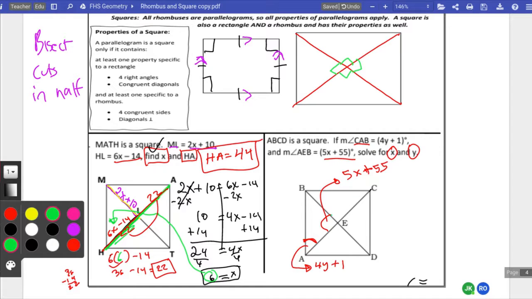So this right here is 90 degrees, but I have that being 5x plus 55. So what I can do is set that equal to 90. Let's solve. Subtract 55, subtract 55. That goes away. I have 5x equals 35. Divide by 5, divide by 5. We get x equals 7.